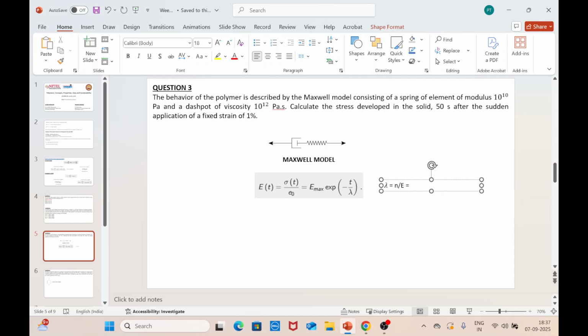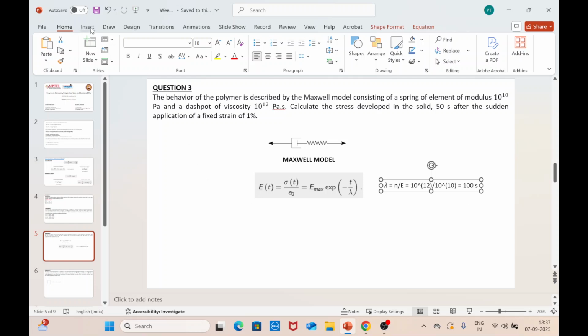The viscosity value is 10 to the power 12, and the modulus is 10 to the power 10. So that is nothing but 100 seconds. Is this fine? Lambda value is 100 seconds. Lambda has a unit which is nothing but seconds. It's relaxation time.